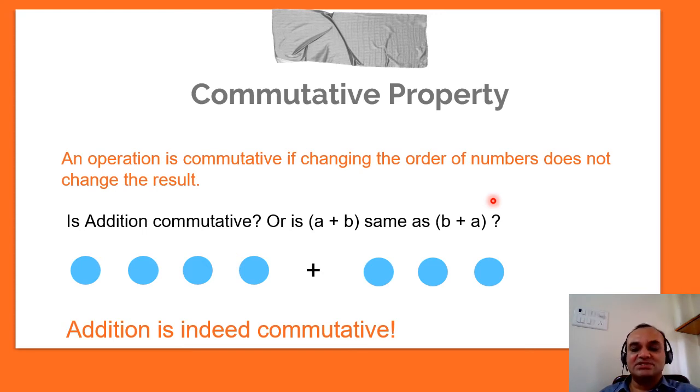Or if we change the order and say first move left by 4 steps and then move right by 5 steps, you will end up at the same location. So it doesn't matter whether we change the order of operations, you will always reach the same place. So addition is indeed commutative.